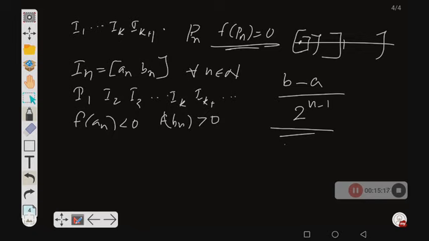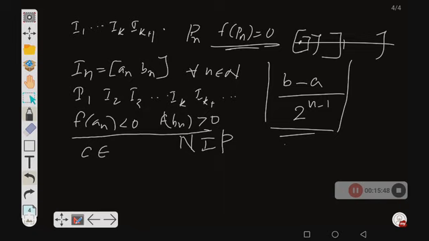It follows by the nested interval property, which you have studied, that if the intervals have decreasing length, then there exists a point c that belongs to In for every n.